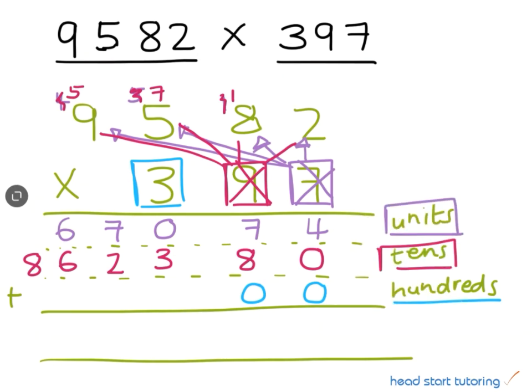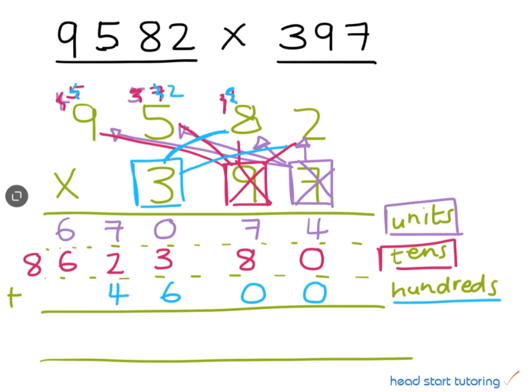We now look at our hundreds. So we say 3 times by 2, which is equal to 6. 3 times 8, we first need to cross these little numbers out. 3 times 8 is equal to 24, which is, put our 4 down, carry our 2.